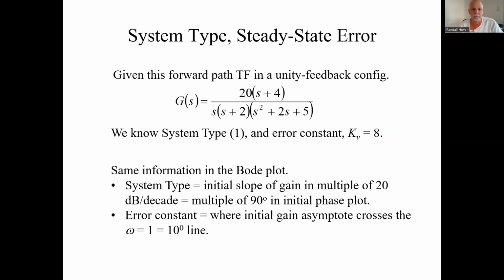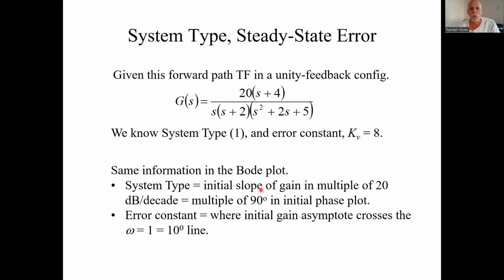But from the Bode, if you know one or two things, remember this, the power of any poles at the origin told you what the initial phase would be and what the initial gain slope would be. So now if we're given the Bode plot, we can kind of go backwards. The initial slope is going to be a multiple of 20 dB per decade. The initial phase is going to be a multiple of 90 degrees.